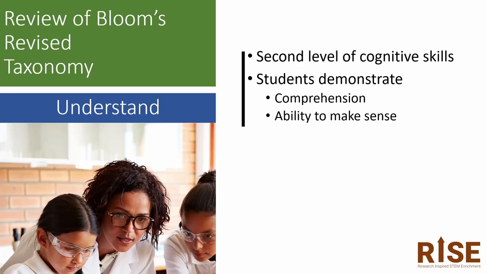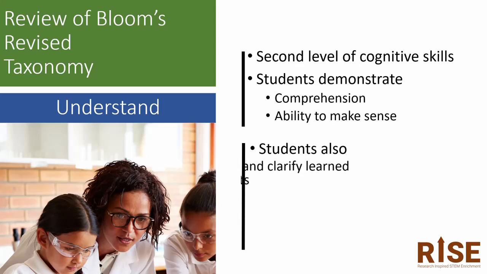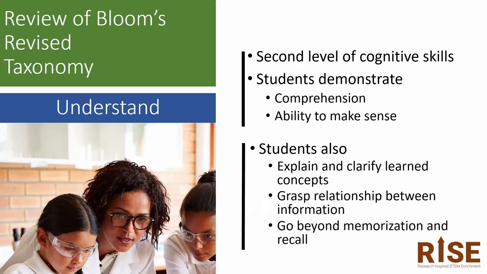Understanding involves interpreting, explaining, and clarifying the meaning of facts and concepts that have been memorized or recalled. This level of cognitive skill goes beyond mere rote memorization and encourages students to grasp the significance and relationships of the information they have learned.